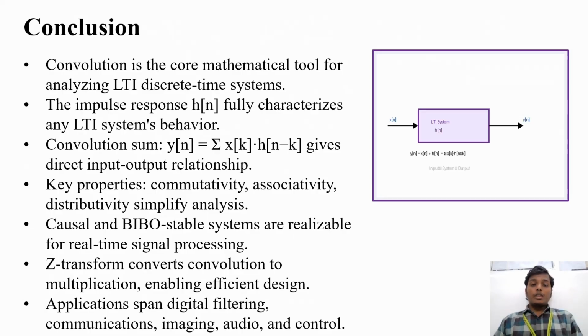Key properties, commutativity, associativity and distributivity, simplify analysis. Causal and BIBO stable systems are realizable for real-time signal processing. Z transform converts convolution to multiplication, enabling efficient design. Applications span digital filtering, communications, image, audio and control.